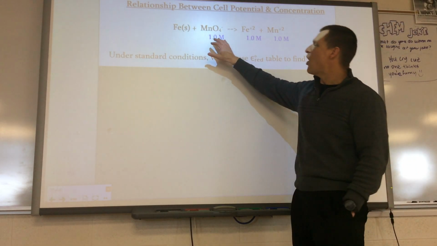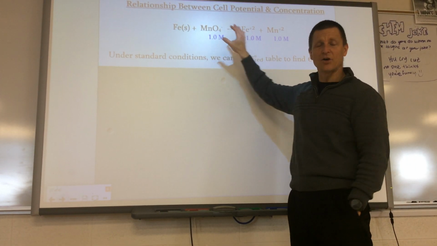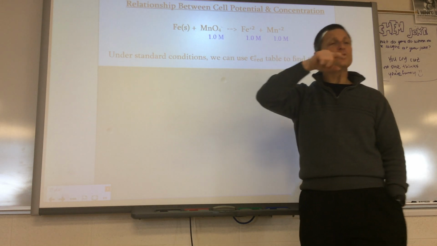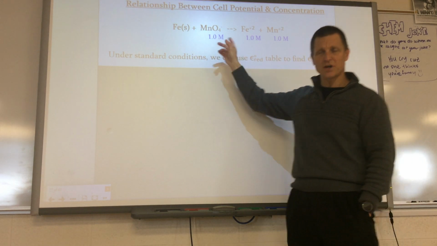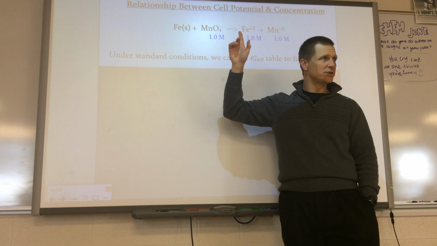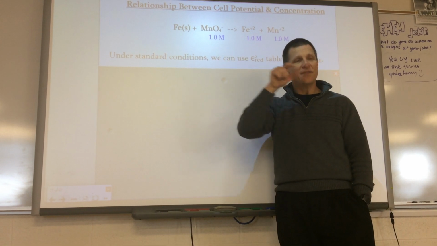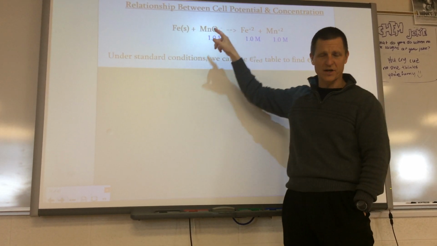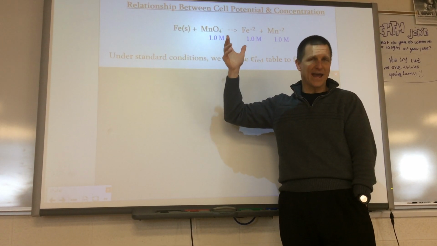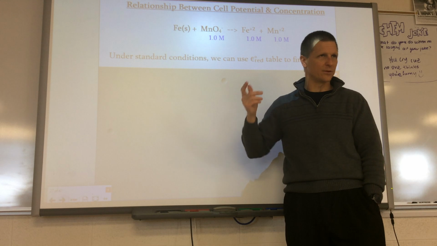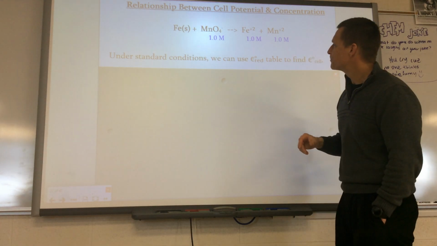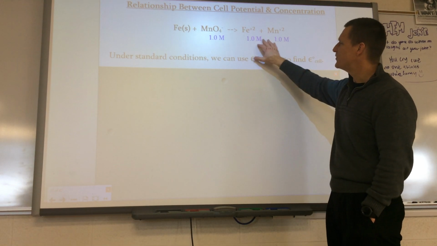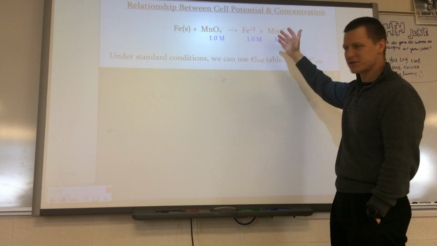So if all of our concentrations, even the products, are at 1 molarity, then what you predict will be the voltage of this cell will be the voltage. That's the only time that table will give you the accurate voltage is if all your concentrations are at 1 molarity. And if you have gases, the gas got to be at 1 atmosphere pressure. So if I wanted the voltage of this cell with 1 molarity, I'd just use the table.